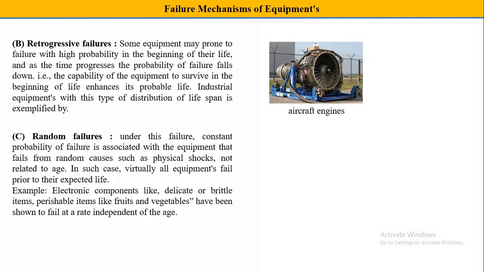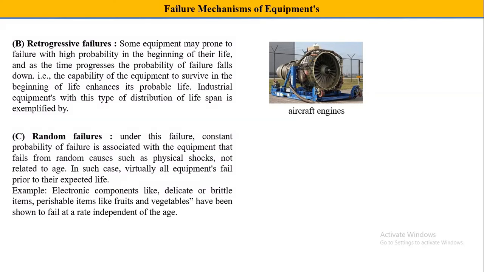Then the random failure. Under this failure, constant probability of failure is associated with the equipment that fails from random causes. Now under this kind of thing, what happens? It happens due to sudden physical shocks, not related to the age.